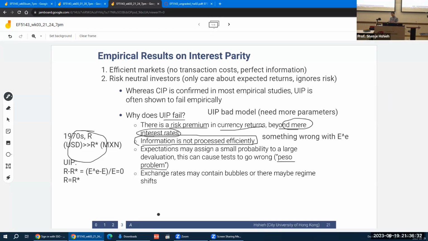That should also be a little informative of what we have in Hong Kong. Hong Kong also has a more or less pegged rate with the US dollar, within a band. Your conclusion should be that when interest rates change in the US, interest rates in Hong Kong should also move in the same way.